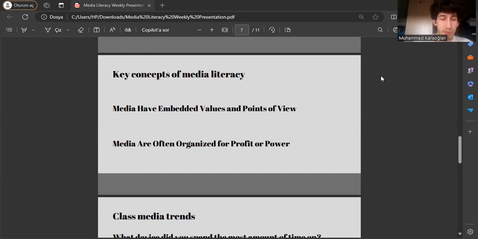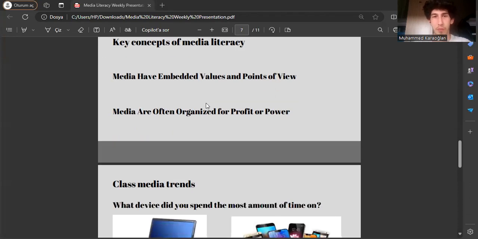Billionaires sometimes support newspapers as a public service, enhancing their power rather than profit. The Australian newspaper, despite not being profitable between 2008 and 2017, maintained value for its owners through its influential role in media. So these were the five key concepts of media.